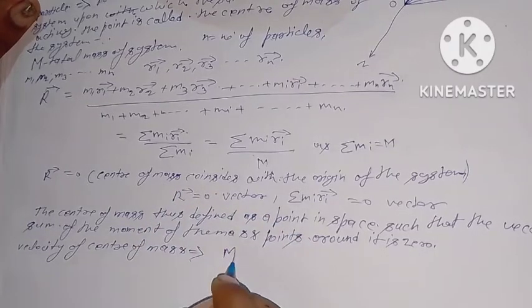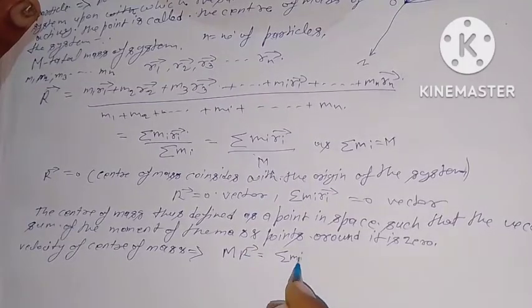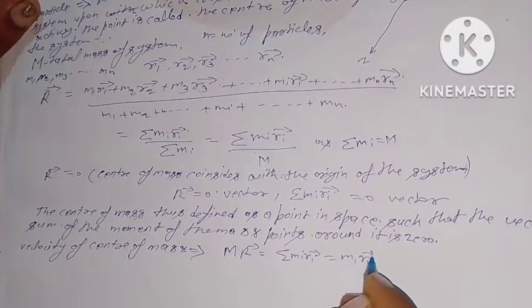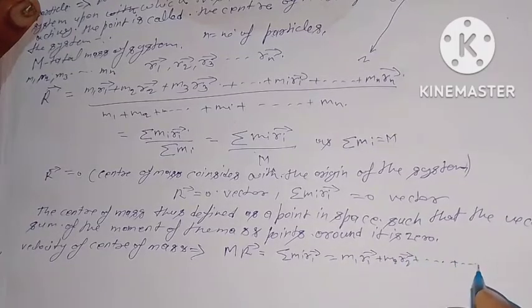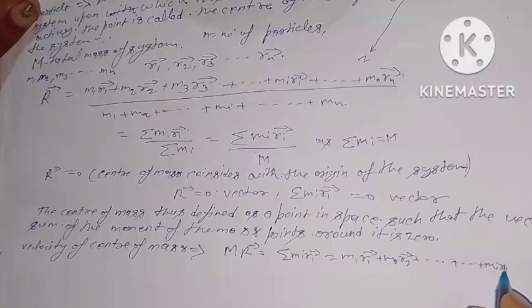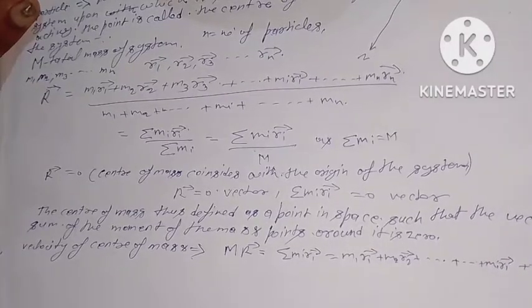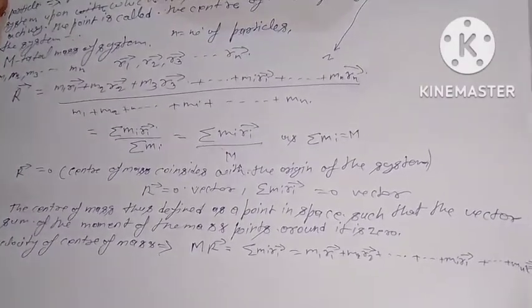So M R vector equals sigma mi ri vector equals m1 r1 vector plus m2 r2 vector plus ... plus mi ri vector plus ... plus mn rn vector.